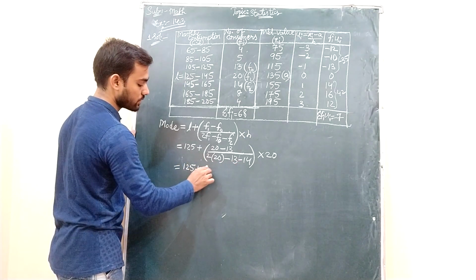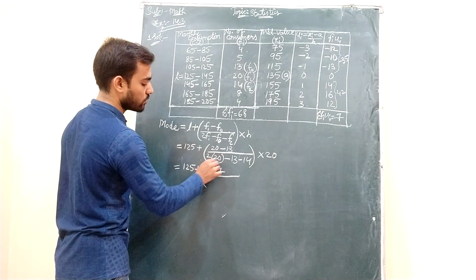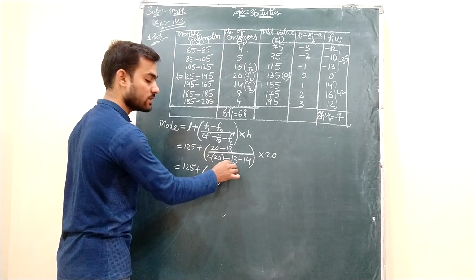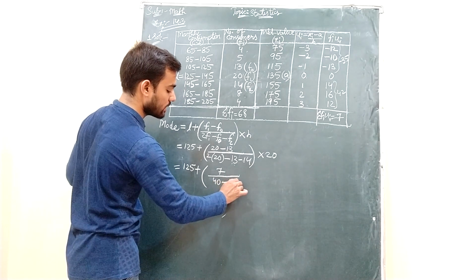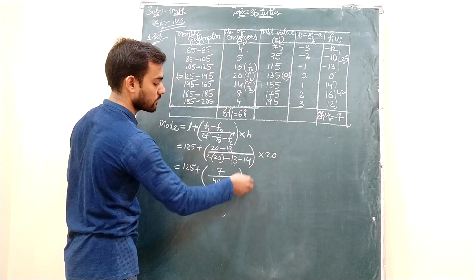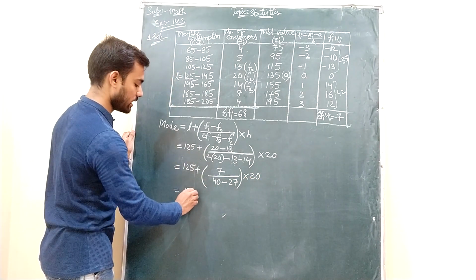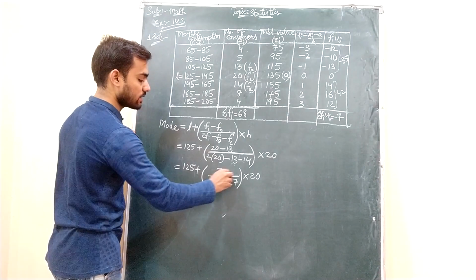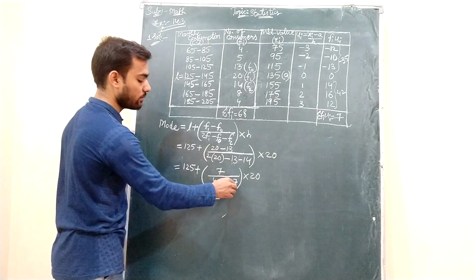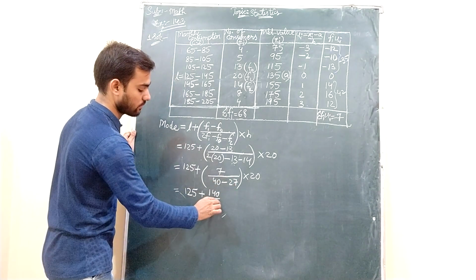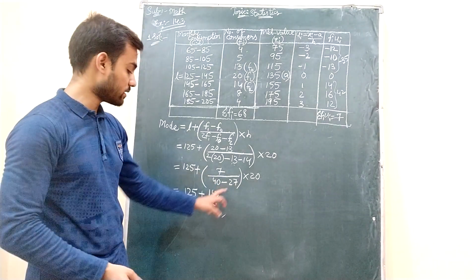We will simplify this bracket portion first. 20 minus 13 gives 7. 2 into 20 is 40. And minus 13 minus 14, minus minus plus, right? So 13 and 14 minus 27 into 20. 125 plus 7 into 20 is 140 divided by 40 minus 27 is 13. Okay, 40 minus 27 is 13.